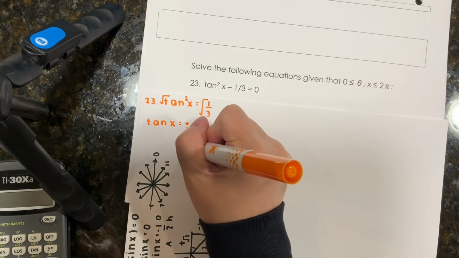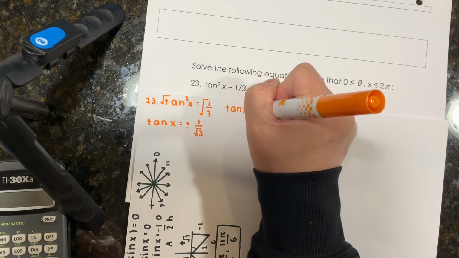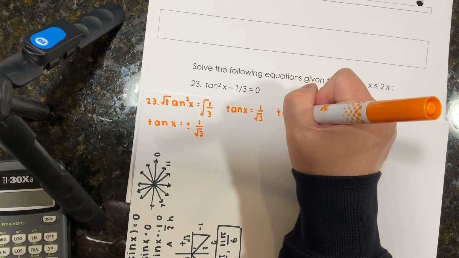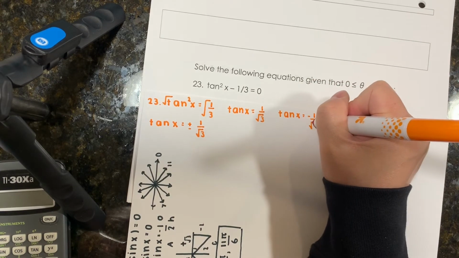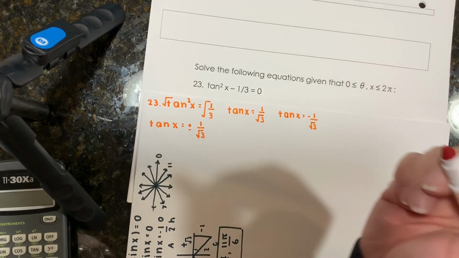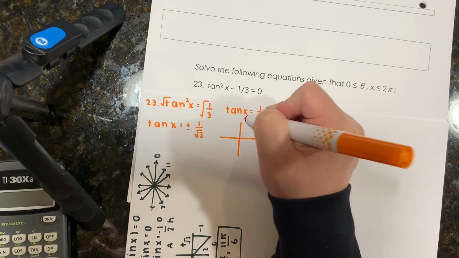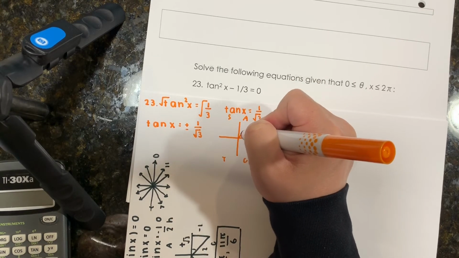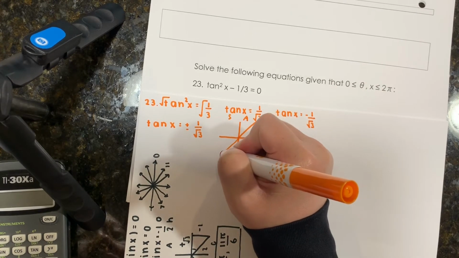So when I split it, it's going to be tangent x equals positive 1/3, and then tangent x is equal to negative 1/3. So tangent, I have to find where it's positive. So all students take calculus. We know everything's positive in quadrant 1, all, and tangent is positive in quadrant 3.